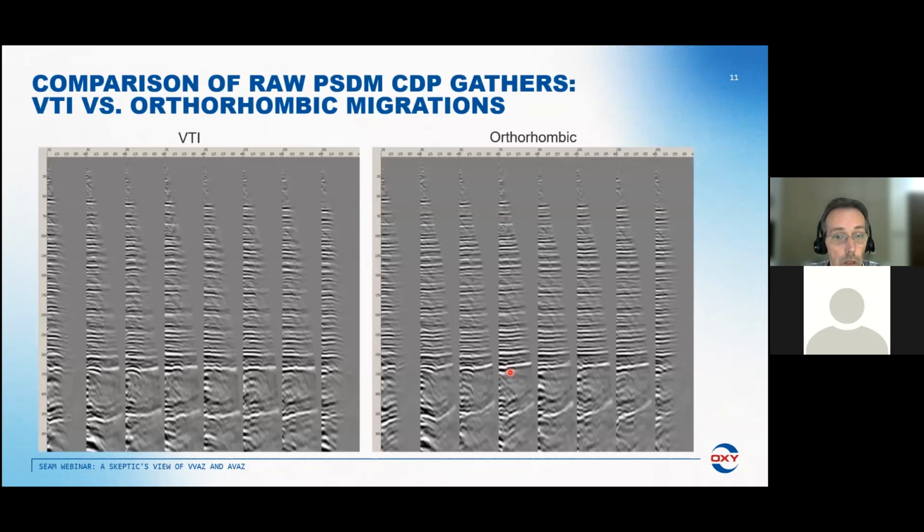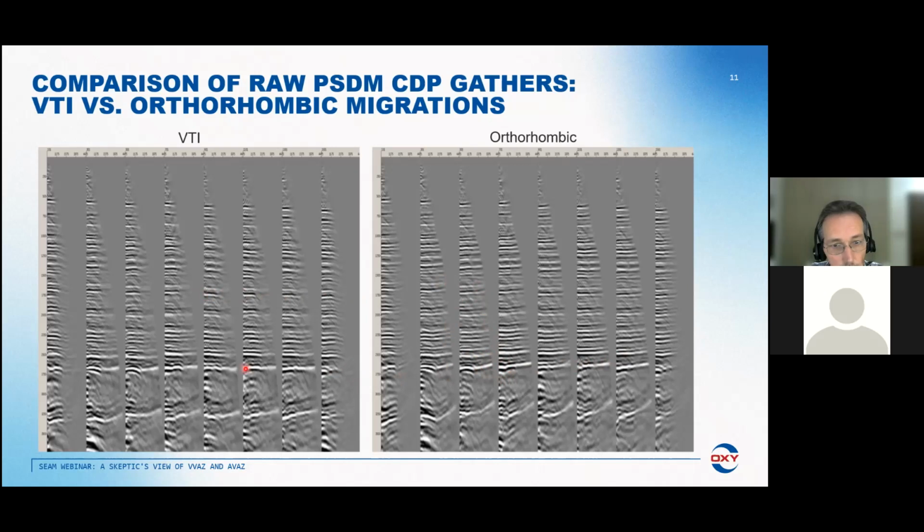Now, at the time, we did do a test of VTI versus orthorhombic migration. So we have a few gathers with VTI migration on the left and orthorhombic migration on the right. Yes, in places, the flattening and the signal is better in the orthorhombic migration.